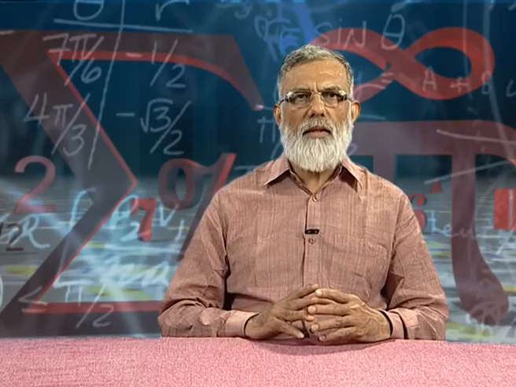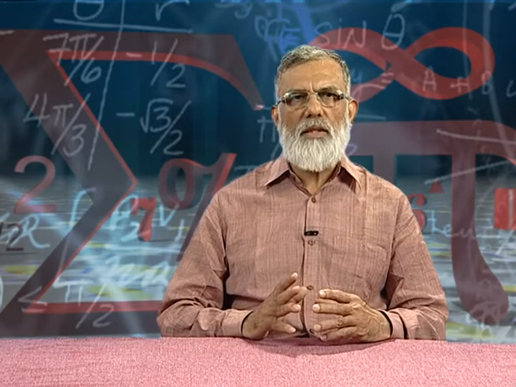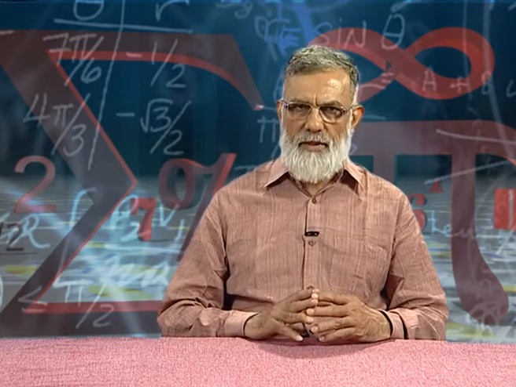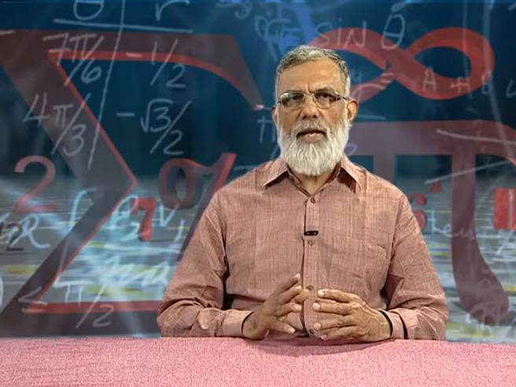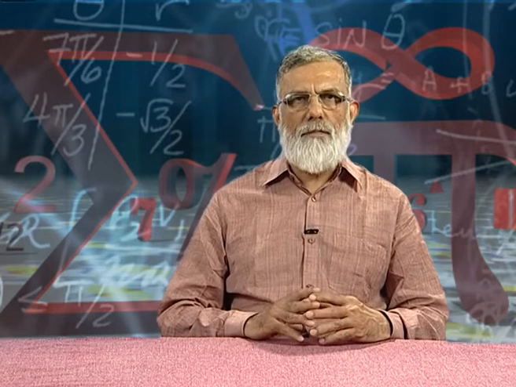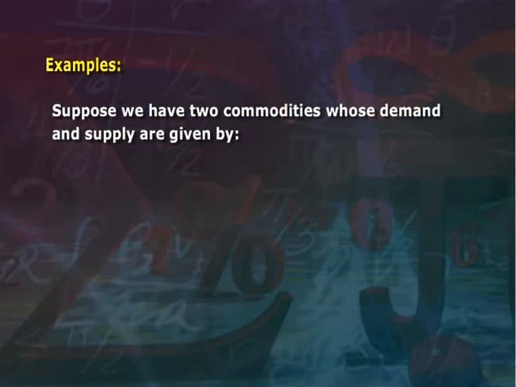Matrices. We have considered earlier demand and supply functions of a single commodity. In practice, generally the demand and supply of any commodity depends on the demand and supply of several other commodities. Example: suppose we have two commodities.